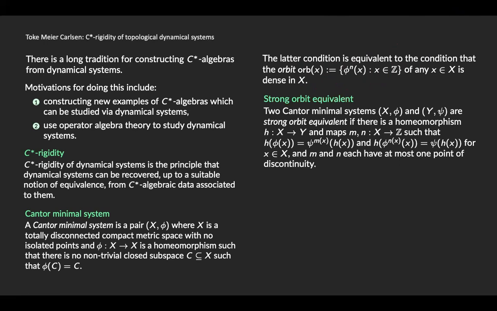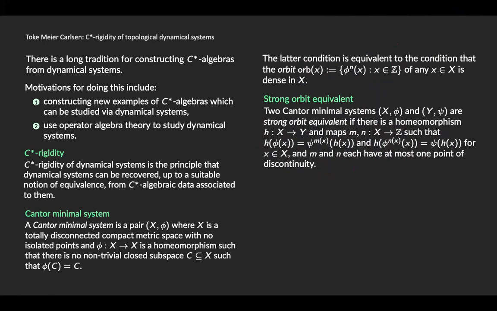Two Cantor minimal systems are said to be strong orbit equivalent if there's a homeomorphism h from X to Y, and two maps m and n from X to the set of integers, such that these two conditions hold for any point in the space, and such that the two maps m and n have at most one point of discontinuity each.